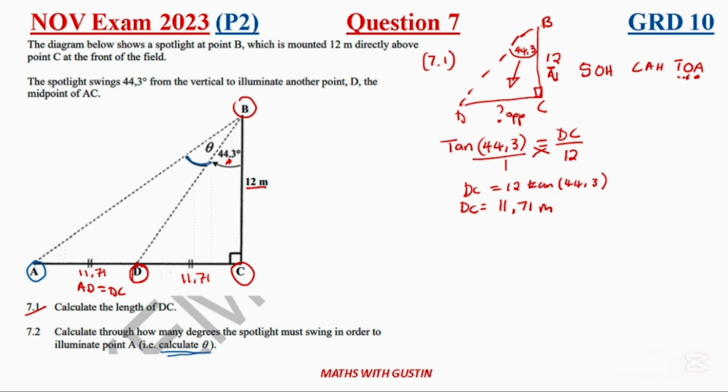So if you were to calculate this theta here using this angle, angle ABD, so let's just draw it here. So that's A there, that's D, therefore that's B. I want to show you guys something, because here we have got 11.71, and then here you have got theta alone there.